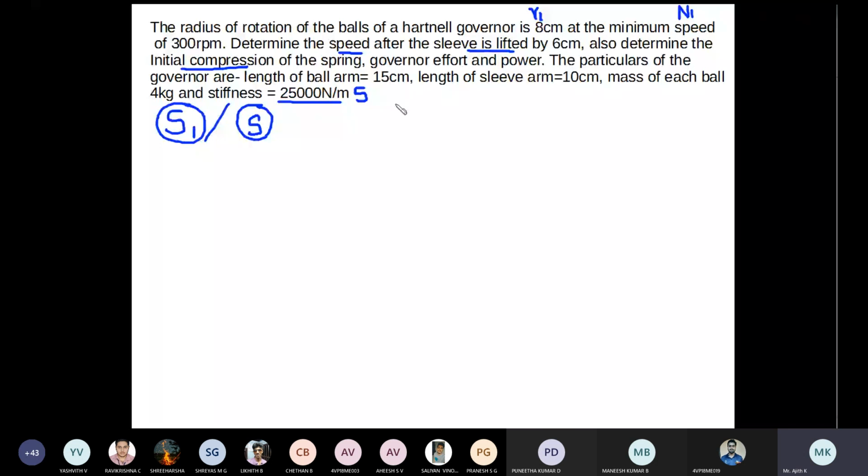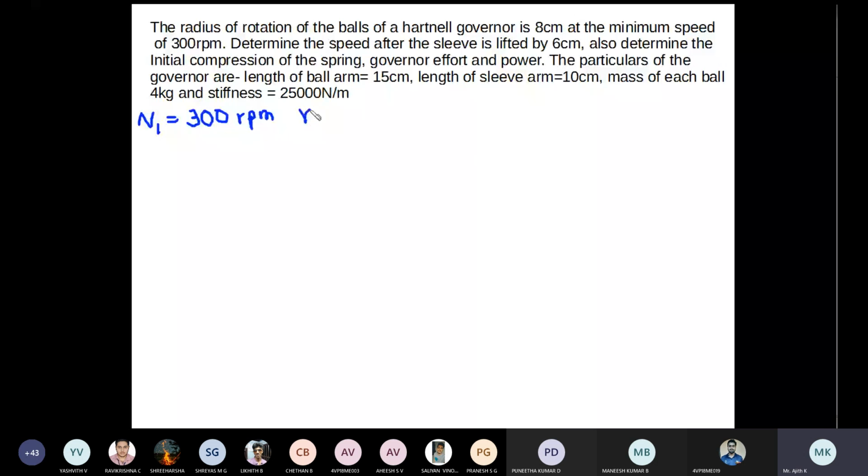Note down the given details first. The first sentence: the radius of rotation of a Hartnell governor is 8 centimeter when the speed is minimum. Minimum speed is given by N1, which is 300 RPM. When speed is minimum, the radius of rotation is R1, which is 8 centimeter.